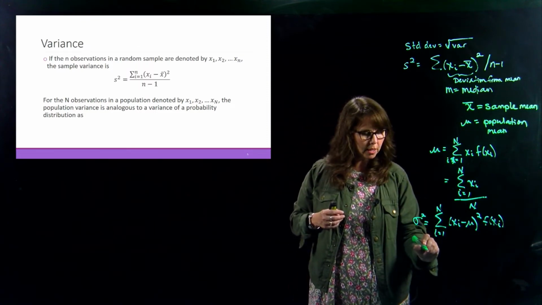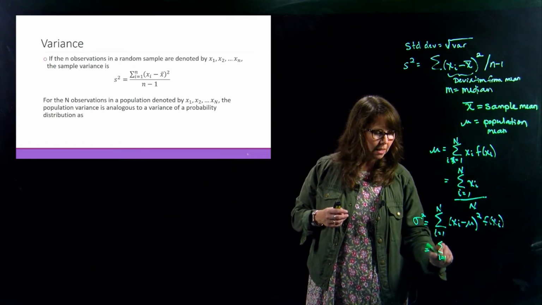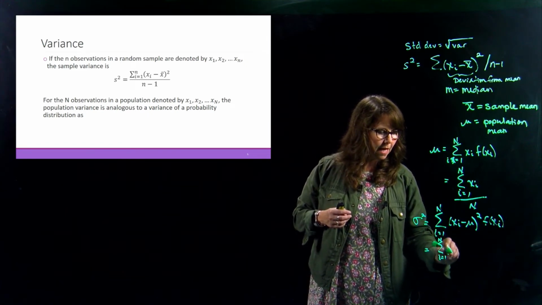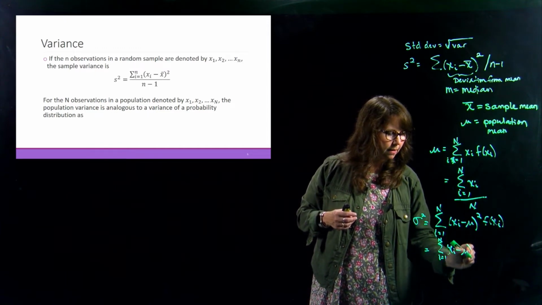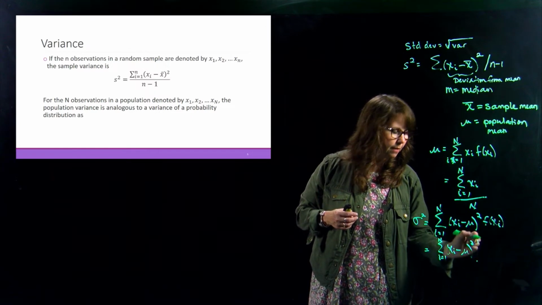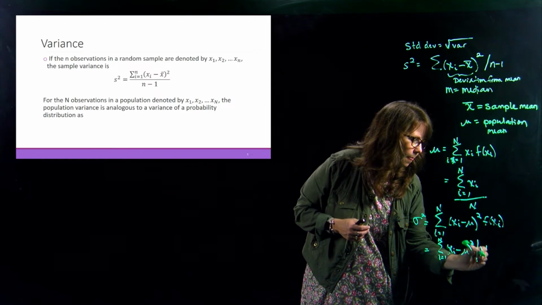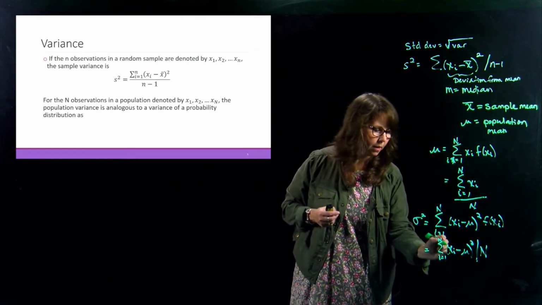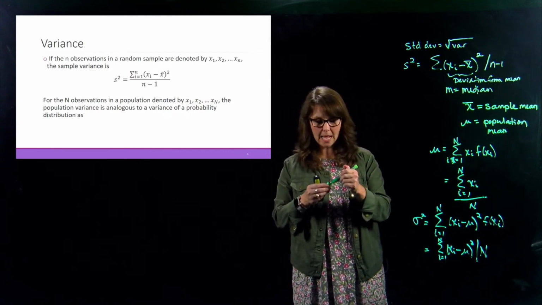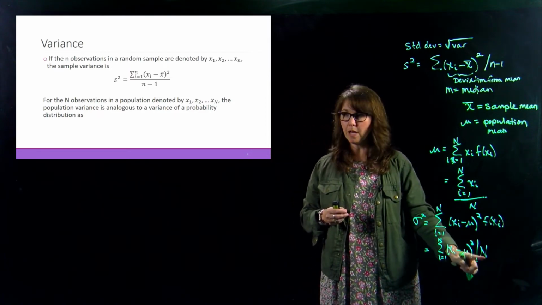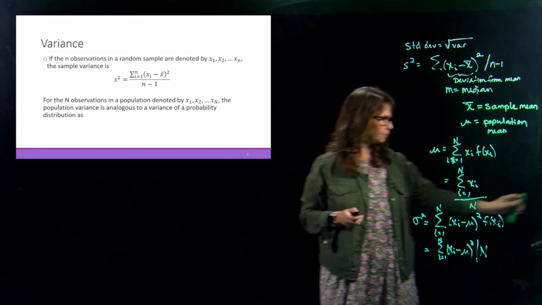But again, we're in terms of equal weighting, so it's going to be the sum from i equals 1 to n of x sub i minus mu squared divided by capital N. All right, and so that's analogous too. So you might be noticing, why do we divide here by n, up here by n minus 1, and we'll talk about that in a minute.